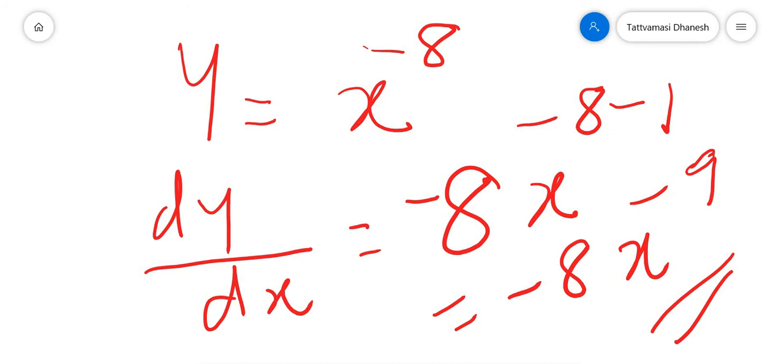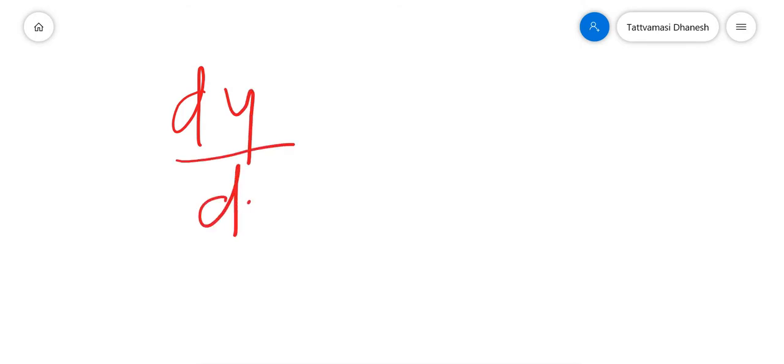Now another important result I want to tell you is the derivative of a constant. So what is the derivative of a constant? For example, if y is a constant, means if y is equal to 2, then what is dy by dx?